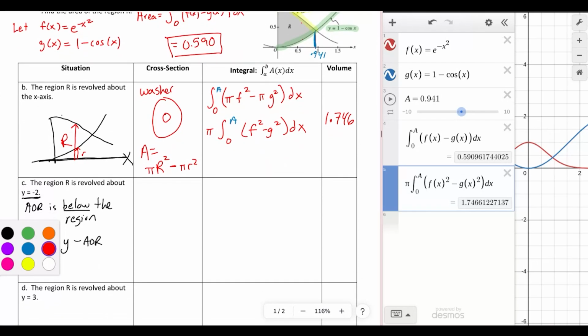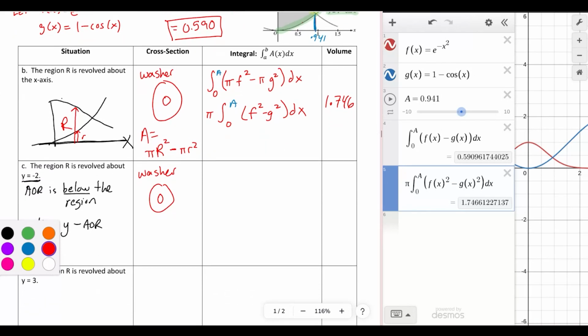So we still have a washer, which is just, the cross section is a circle inside of a circle. The area is still pi r squared minus pi r squared, but to come up with the radius, we have to add that little extra space since the axis of revolution is a little bit below the region.